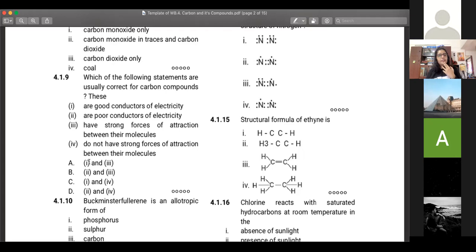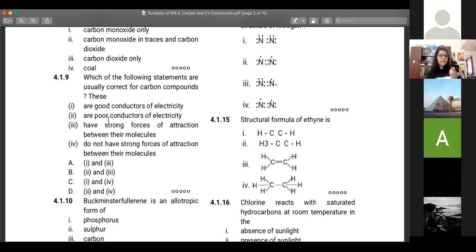Ananya, why did you say option A, 1 and 3? Ma'am, because carbon also exists in its allotropes. Like graphite is a very good conductor of electricity, and it forms chains, for catenation purposes. So that's why I chose that option. Okay.